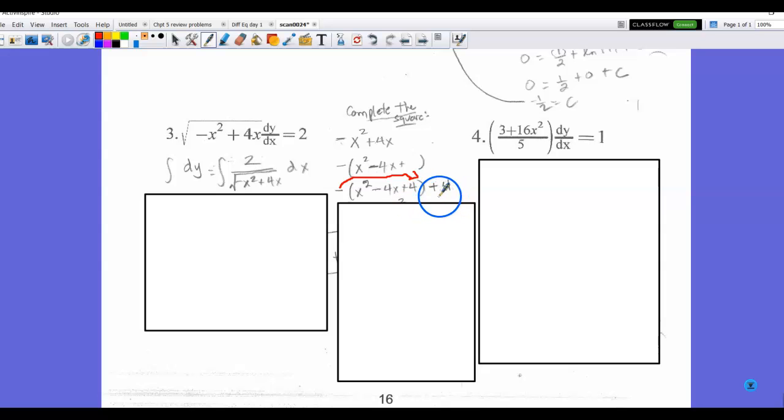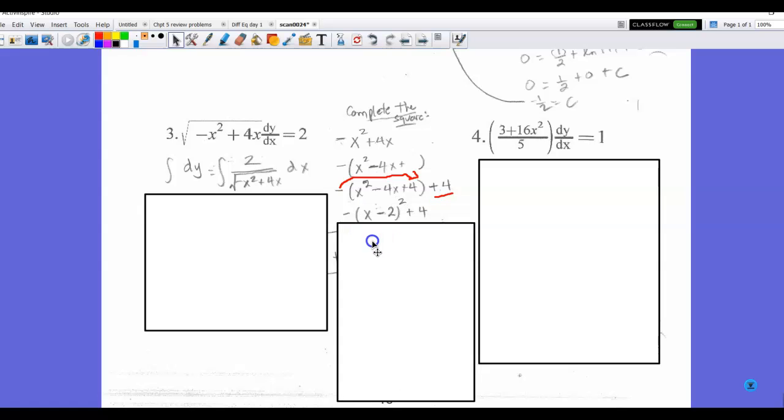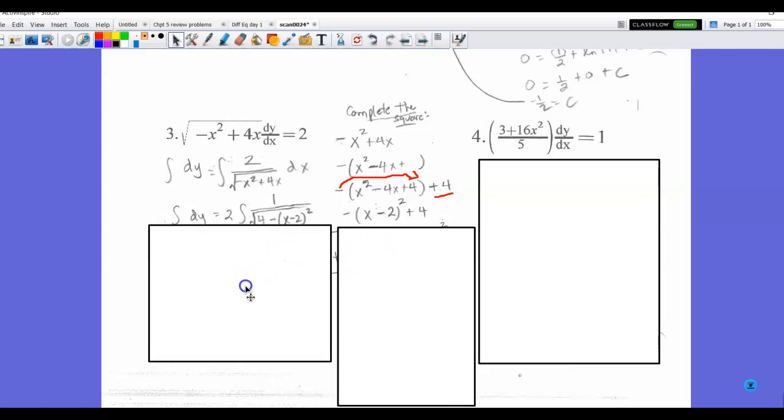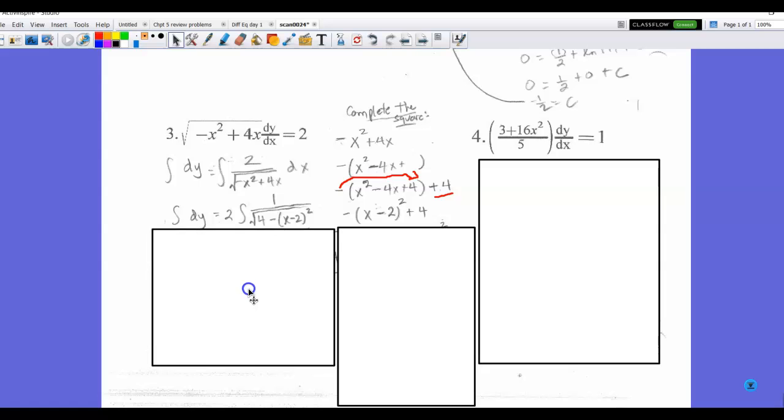And so to compensate for a minus 4 and make a 0, I need to add 4 on the outside. Those negatives are very dangerous. All right, now I'm going to factor that, and it becomes the opposite of x minus 2 squared plus 4. I'm going to carry that back over to my problem and put that in.